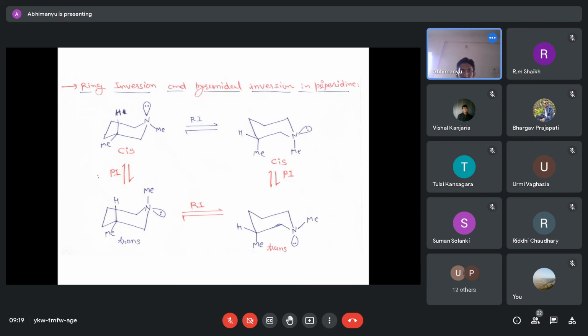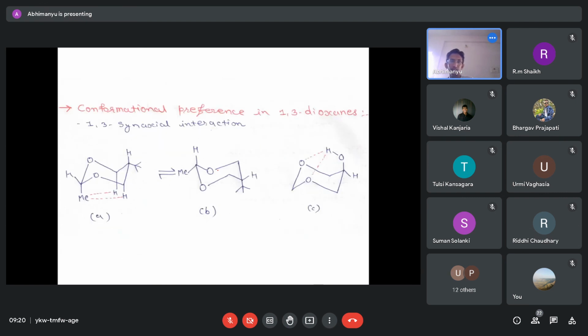Another is the pair inversion, where the lone pair that was up goes down. So according to ring inversion and pair inversion, we can get different kinds of conformations.